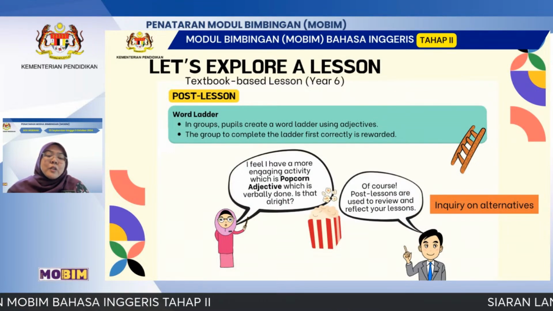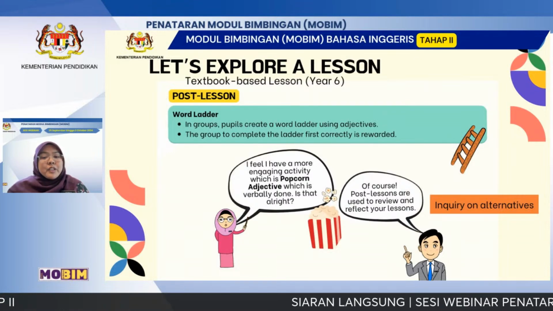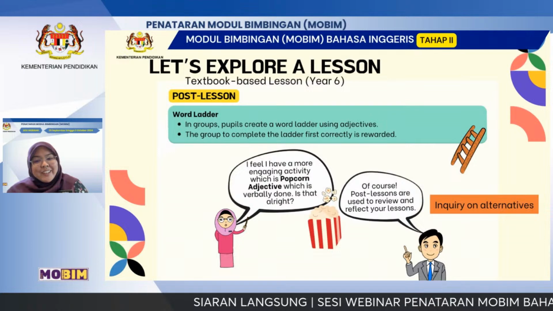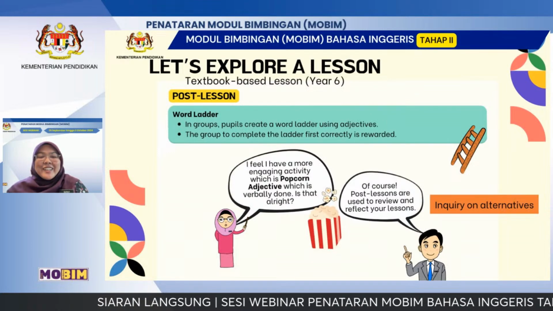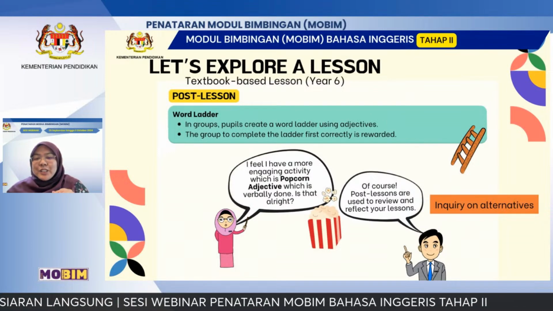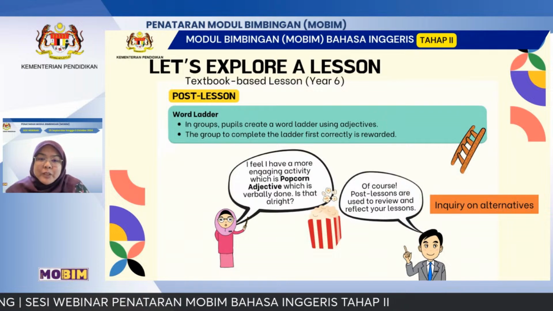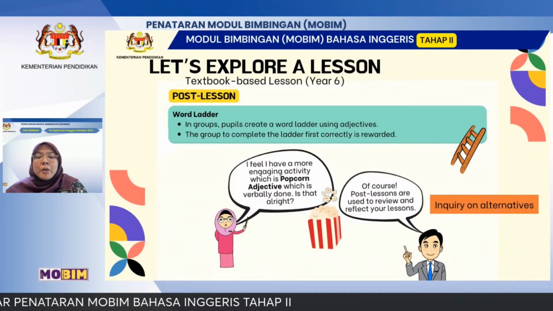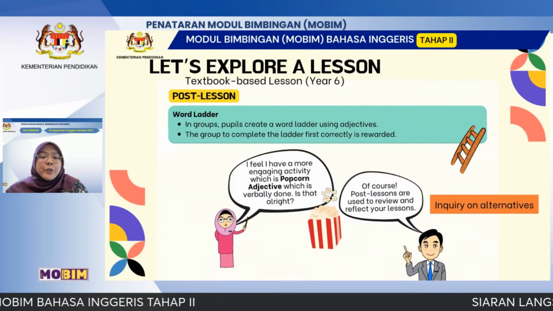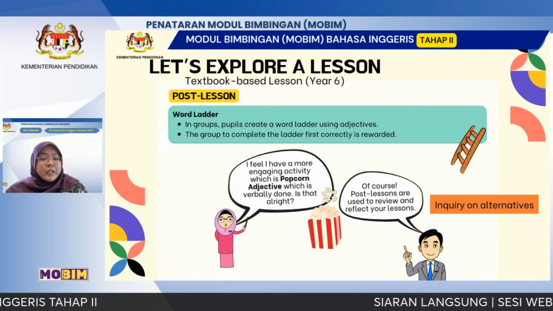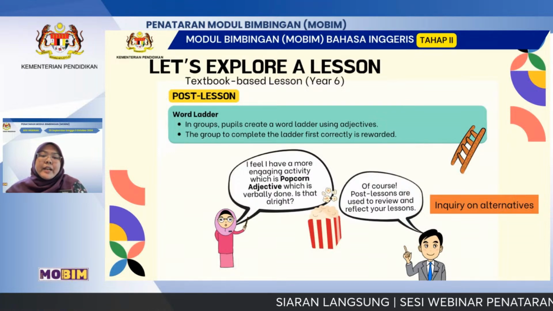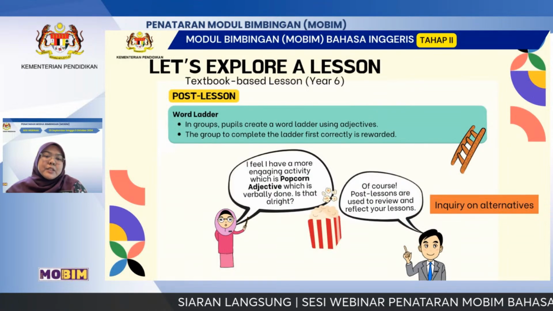And this is also one of the post-lesson activities suggested in the scheme of work. So need I say more? However, if the idea that this teacher has, the popcorn adjective activity, helps pupils to review and reflect on the lesson as well, then it can be carried out as an alternative post-lesson activity.